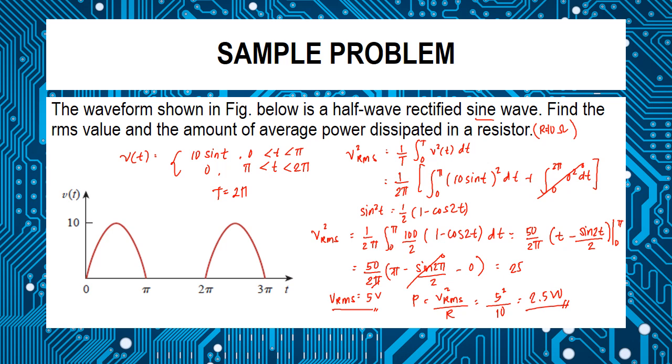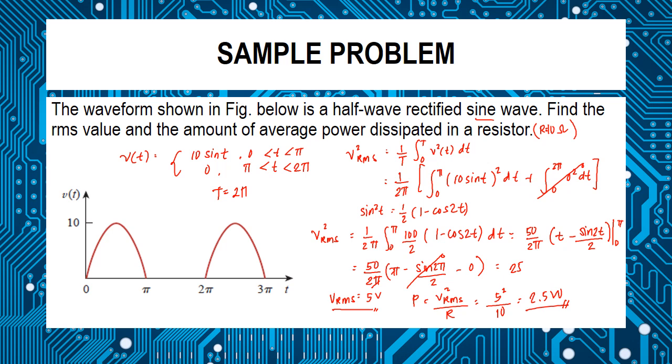So we'll be having 100 divided by 2 is 50 over 2 pi, and then the integral of 1 minus cosine 2t is t minus the integral of cosine, which is sine, and then the integral of the 2, so we should write here d over 2, and then limits from 0 to pi.